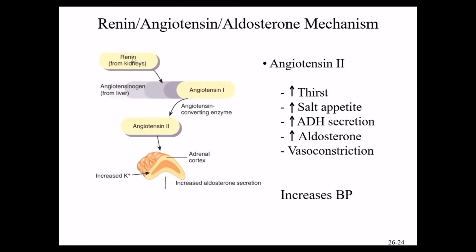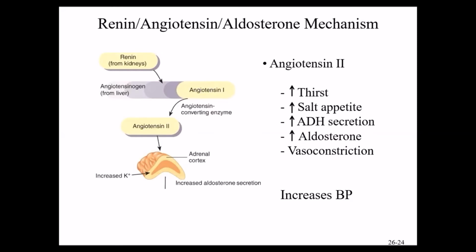And so if renin is secreted, it's also in the bloodstream, and that will cause angiotensinogen to be converted to a different chemical called angiotensin 1. Well, angiotensin 1 will be converted into angiotensin 2 by a different chemical called angiotensin converting enzyme. This is also called ACE, and we've actually mentioned that before. If you go back and look at the respiratory system, we mentioned that one of the functions of the pneumocytes in the lungs is to produce this chemical called ACE.